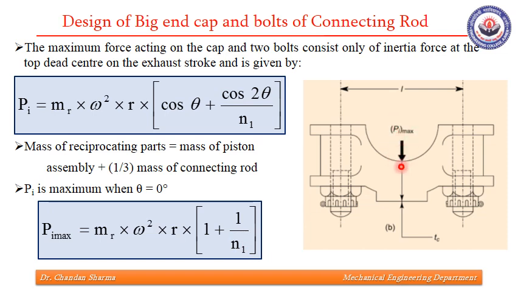So by visualization we can be sure that this big end cap will be designed considering it as a beam with central load equal to Pi max, and this Pi max will tend to induce tensile stress in these bolts. So with these criteria we will try to design cap and bolts.